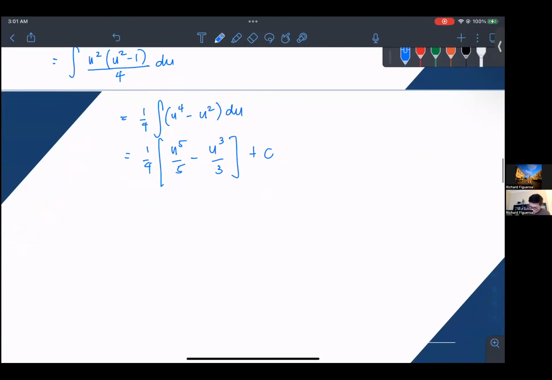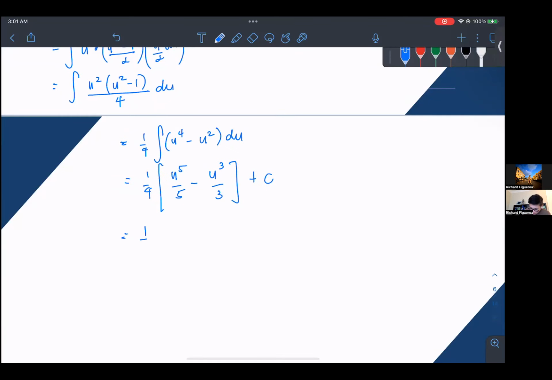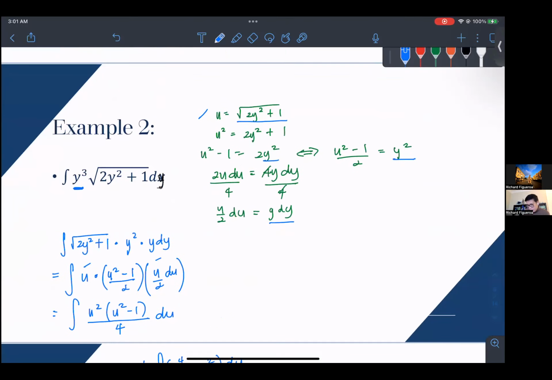So we just have then 1 over 20, so u to the fifth minus 1/3 u cubed plus c. But what is u? So u, gawin na lang natin siyang ano, no? So 2y squared plus 1, then raise it to 1/2.